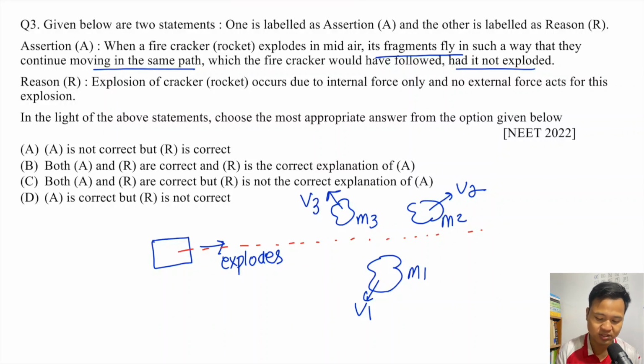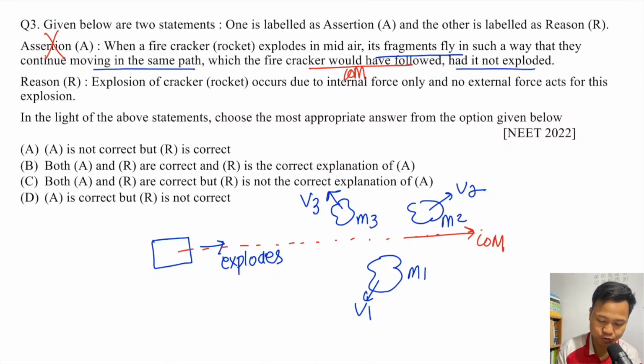So they will not move along the center of mass path. The center of mass will continue to go straight, but the particles will go away from it. So the statement that they continue to move in the same path the firecracker would have followed is wrong.